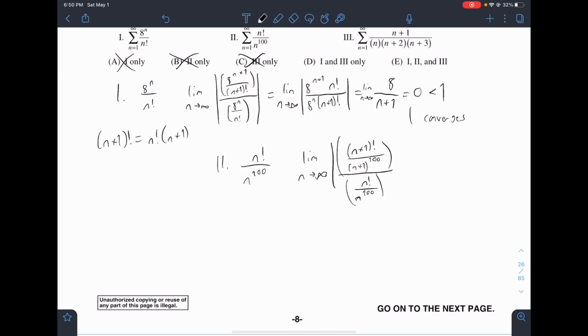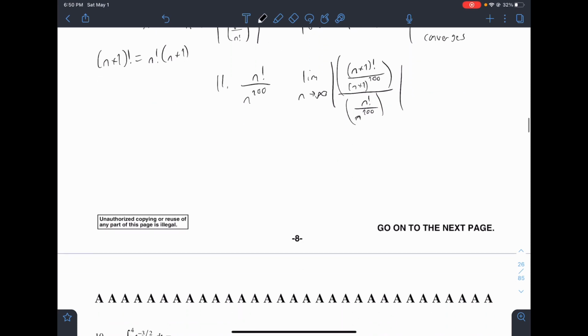So this equals the limit as n goes to infinity of n plus 1 factorial times n to the 100th over n factorial times n plus 1 to the 100th.